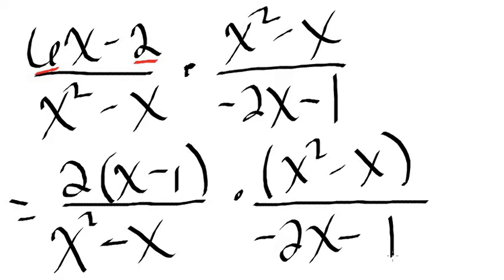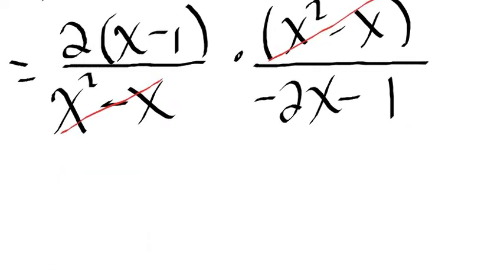As you can see here, we can cancel out. We have an x squared minus x in the numerator, 1 in the denominator. So we can cancel that out if you'd like. Also, something else you need to do. See this negative and this minus sign? You need to go ahead and factor that out. So we're going to pull a negative 1 out of there.